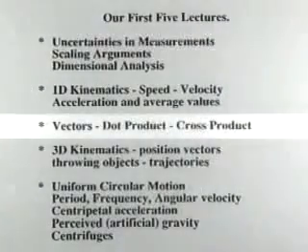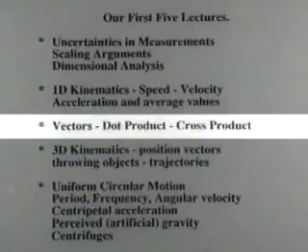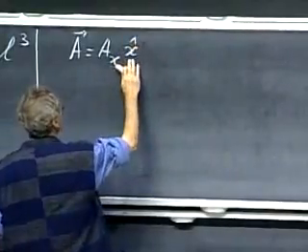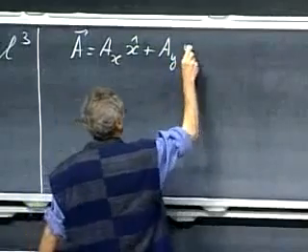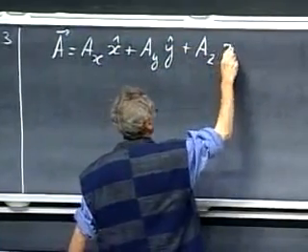And let's now talk about dot products. I scan a little bit in a random way over my topics. I have a vector A, ax times x roof, which is the unit vector in the x direction, plus ay y roof, plus az z roof.